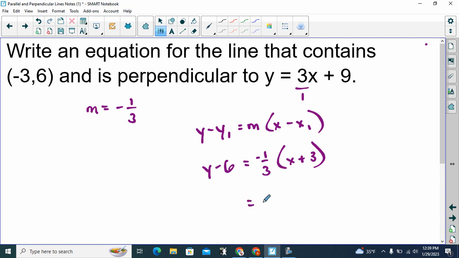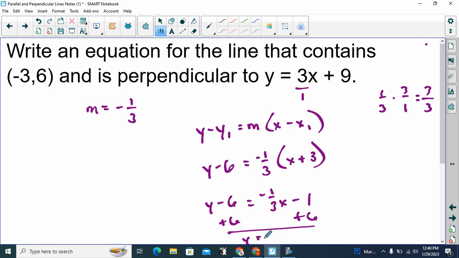Distribute your -1/3. Negative times positive is -1/3 times 3 is 1. Add 6 to both sides. And we get our answer, y equals -1/3 x plus 5.